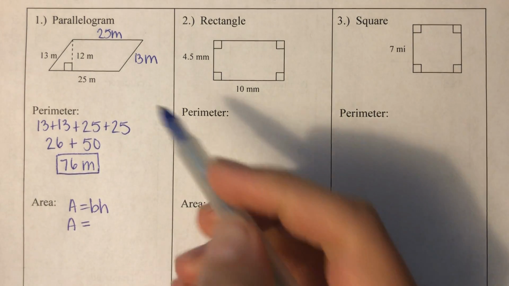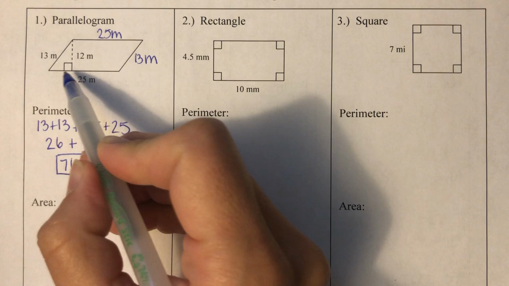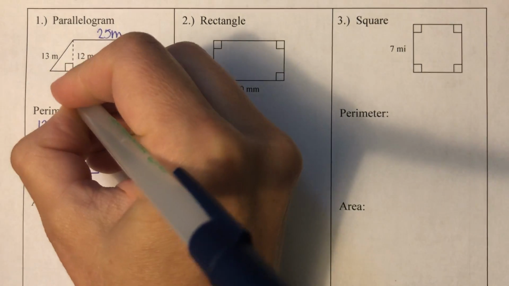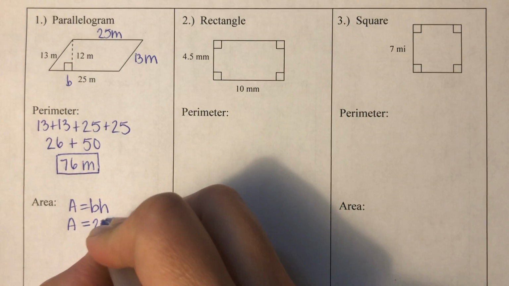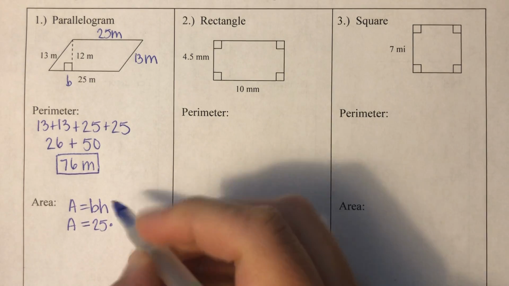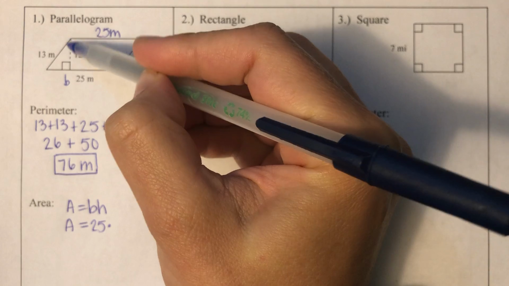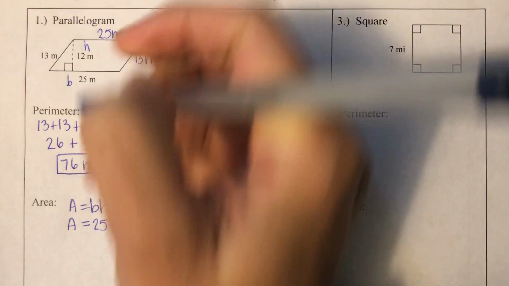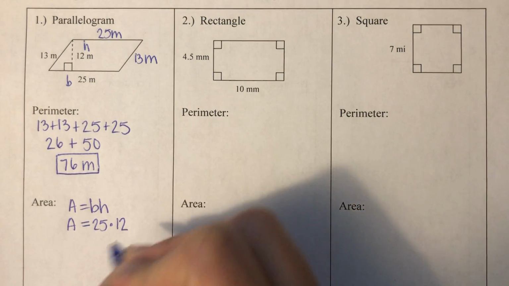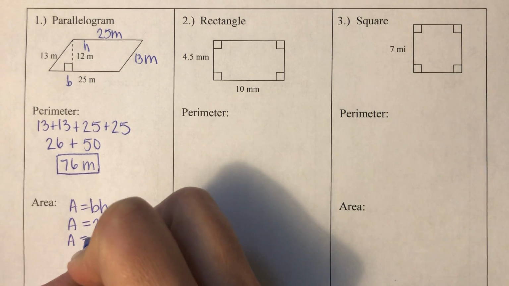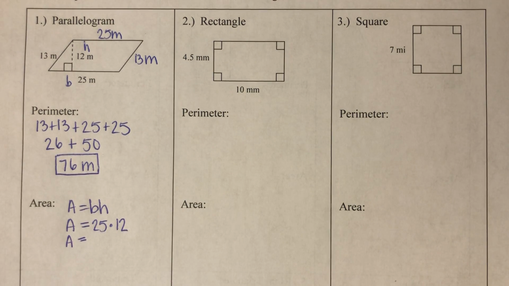So the base is typically the bottom of the shape. So our base is 25 times height. That's where that 12 comes in. That's that straight up and down dimension. And then to calculate 25 times 12, you probably need a calculator.